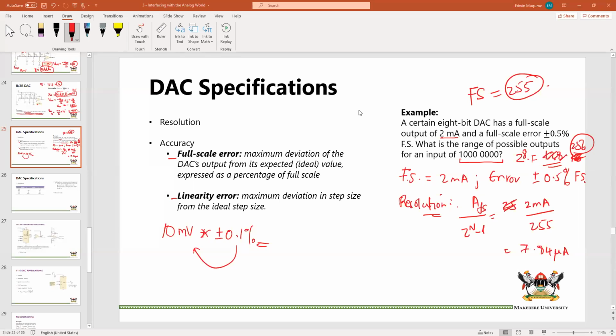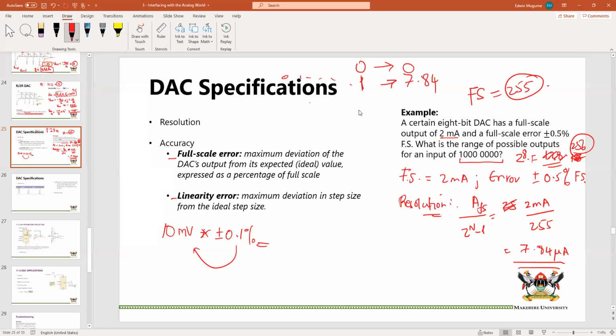Right. So this is our resolution. We can say that when our input is 0, our output is 0. The next time we go to 1, which is obviously 00000001, 8 bits, we have 7.84.